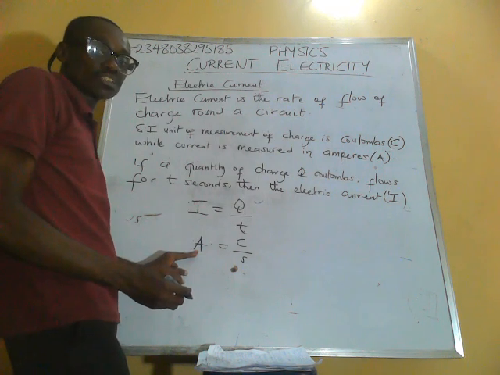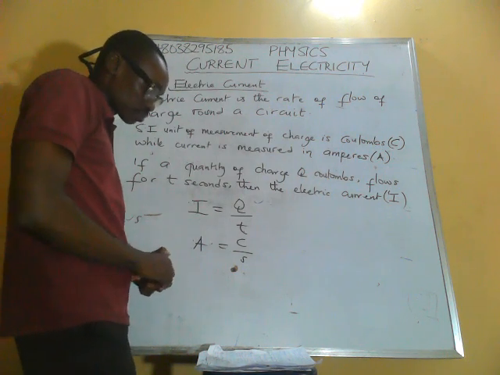The unit of electric current is called the ampere.